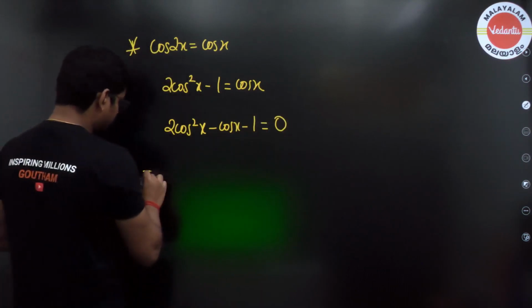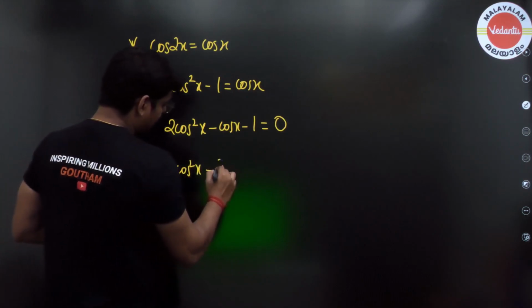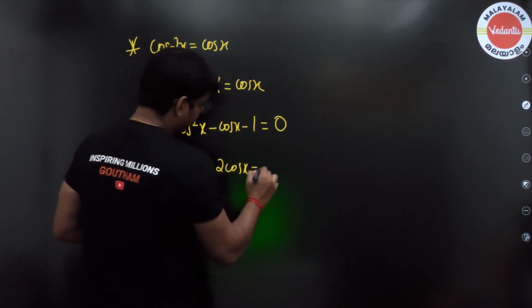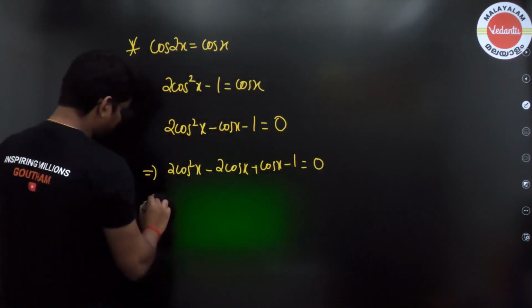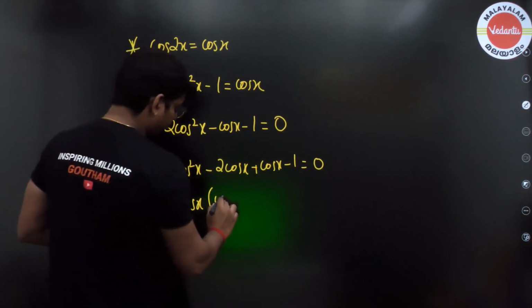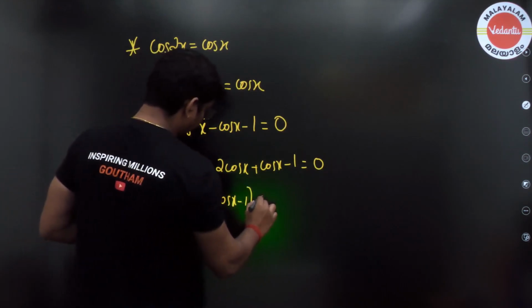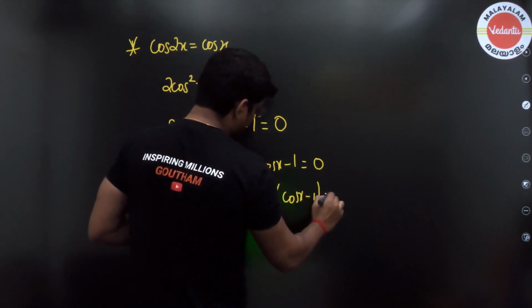So let me solve this one for you. If you factorize this, 2 cos square x minus 2 cos x plus cos x minus 1 is equal to 0. If you take 2 cos x as a common, cos x minus 1 will be left out, and then here if you take 1 as a common, cos x minus 1 will be left out.